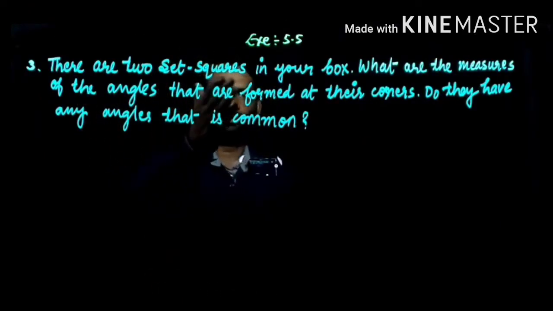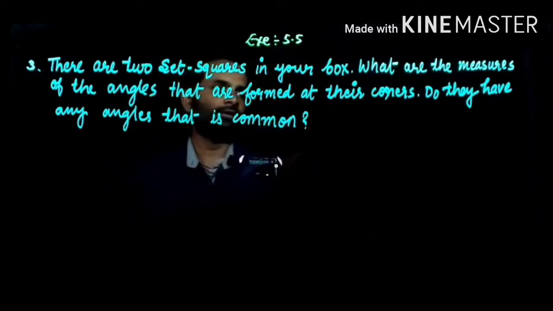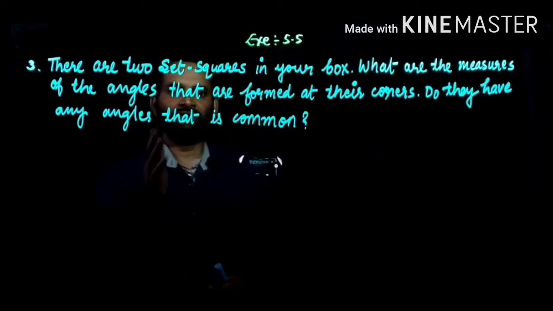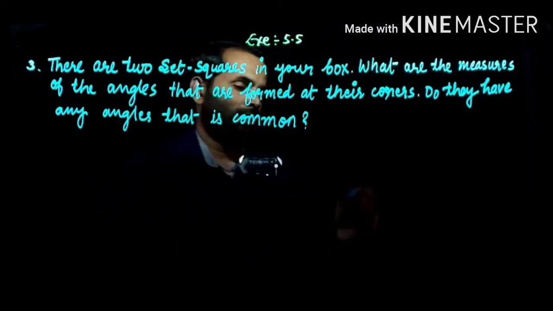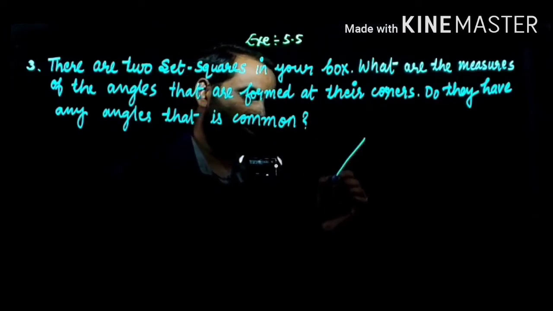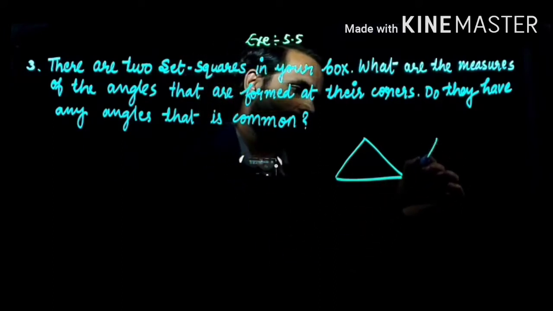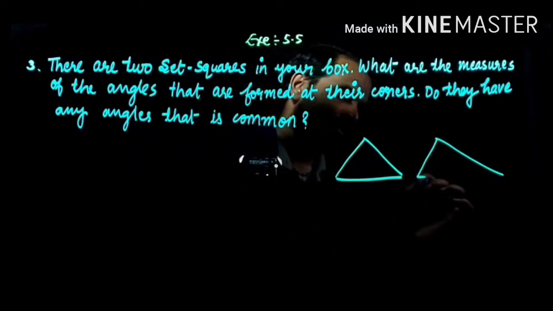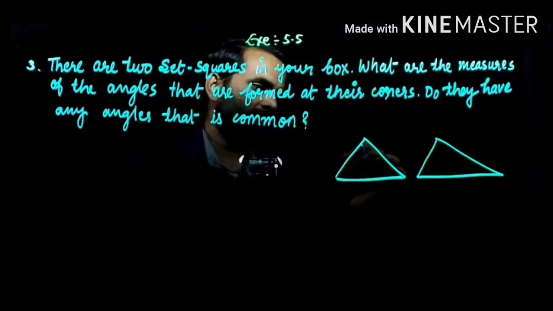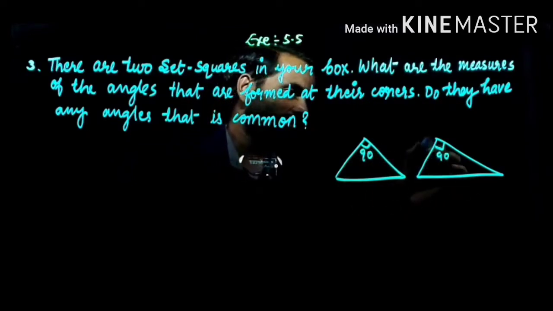There are two set squares in your box. What are the measures of the angles formed at each corner, and do they have any angle in common? So first, show the two set squares in your geometry box, the shapes of this type, and the second. Here this angle is 90 and this angle is 90, because it is a triangle.